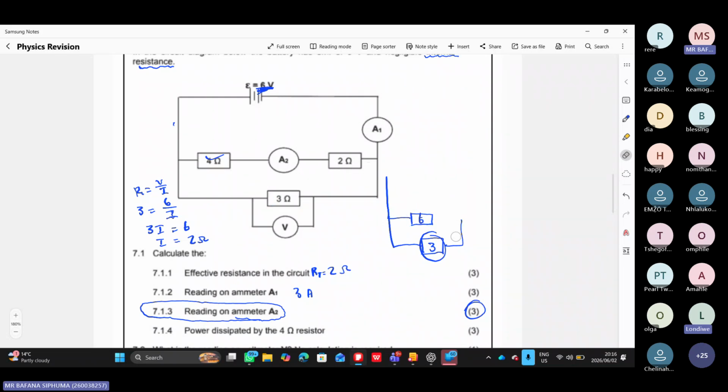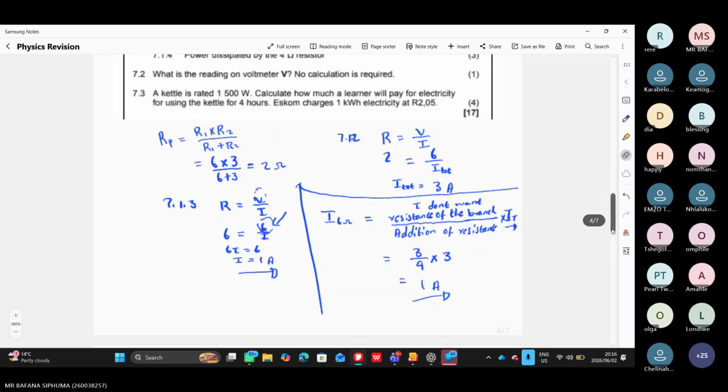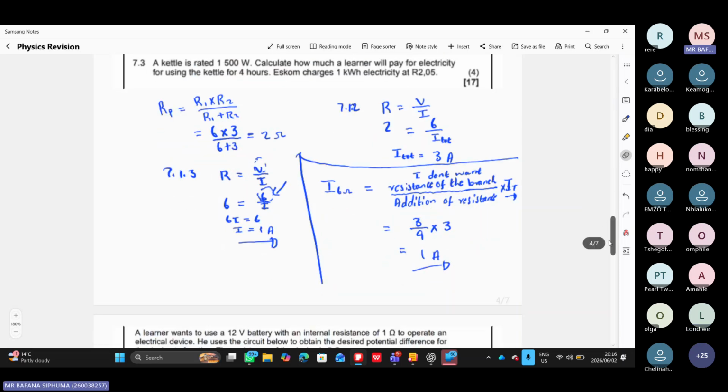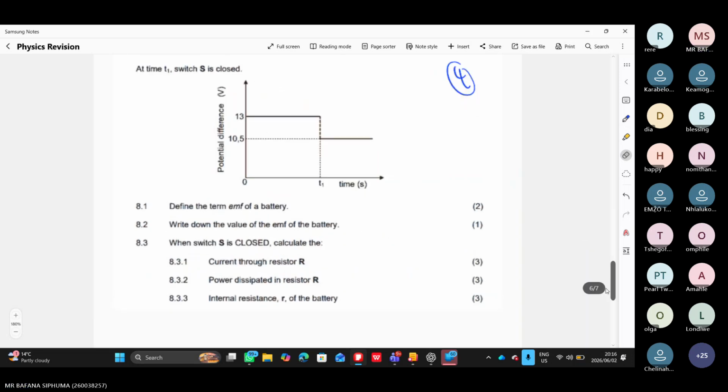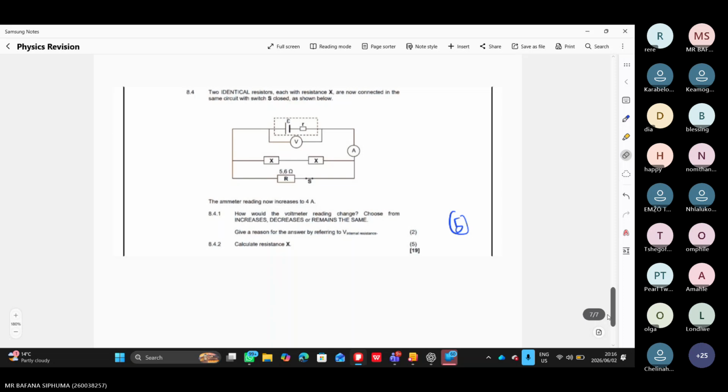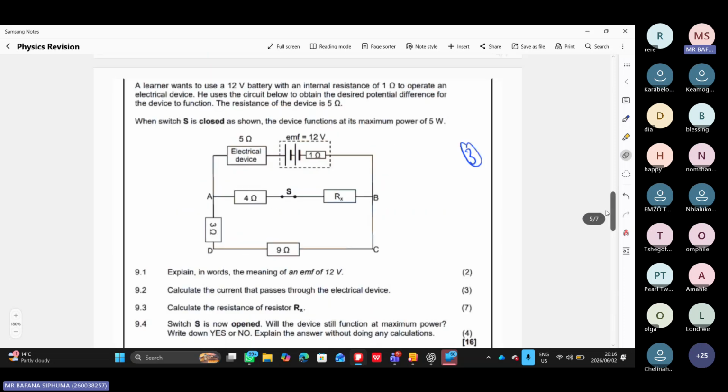I get your question. It's a nice question. So what is actually happening here? Let me see if I can find another diagram that is almost similar to this one. Nope, doesn't have what I want to say. Okay.